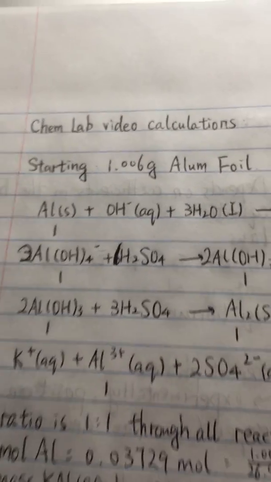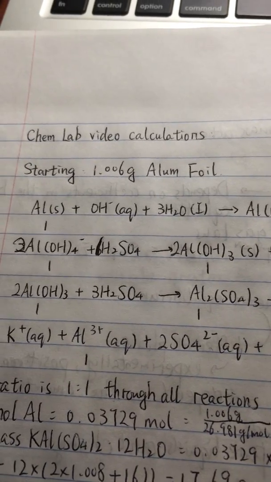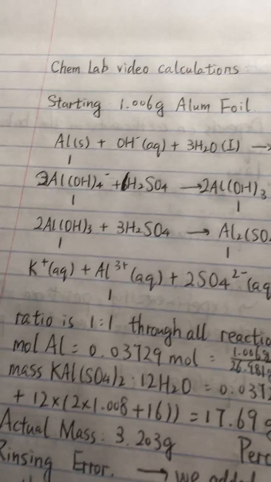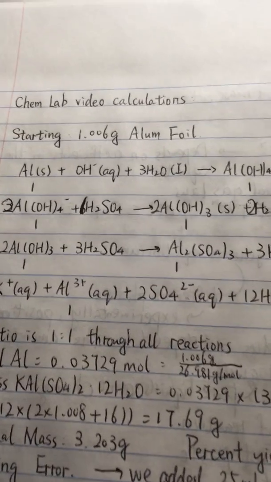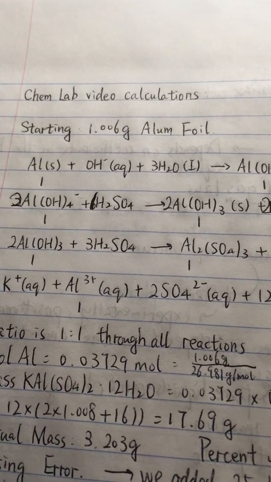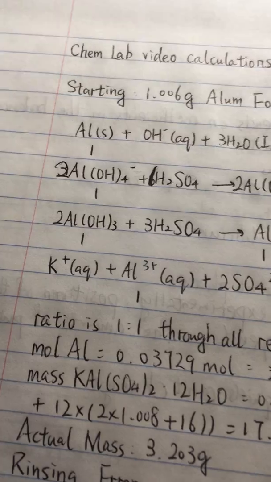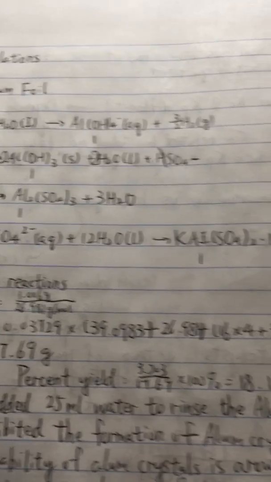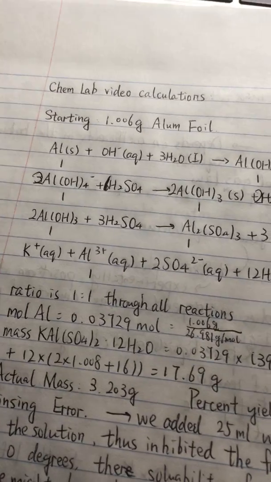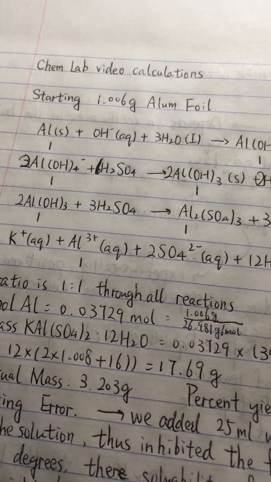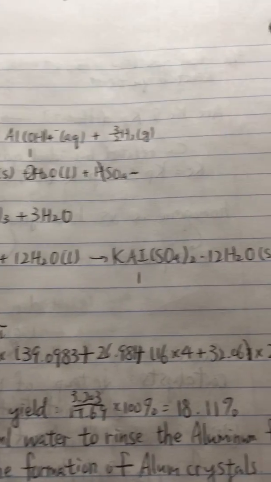We started the experiment with 1.006 grams of aluminum foil, and the way I calculate the final product is to list all the equations out first, as you can see from right here. Once you have the chemical formulas, you can compare the molar ratios of the elements in order to figure out the final product.